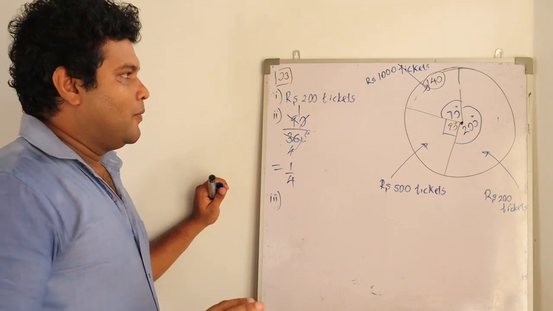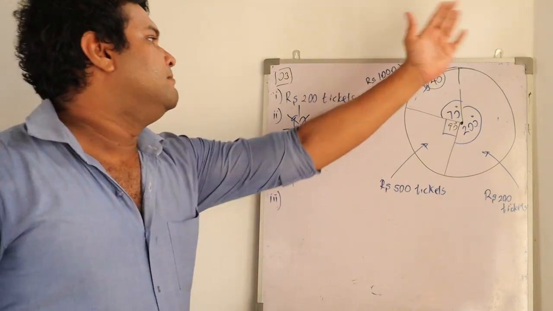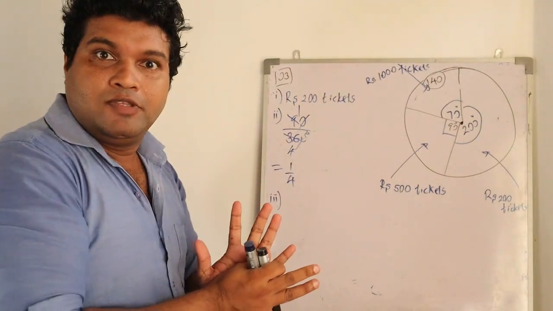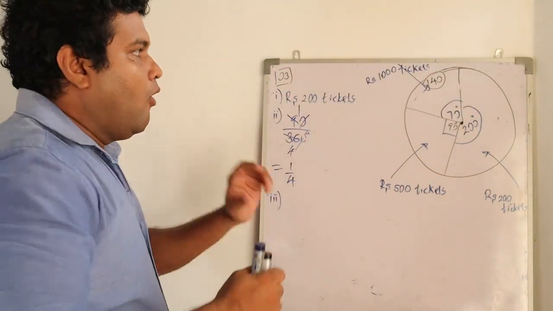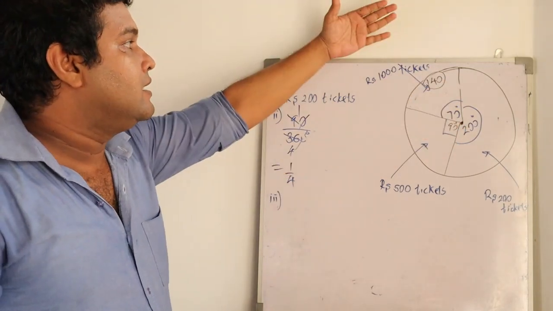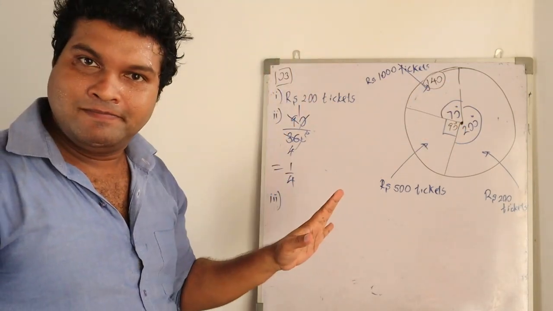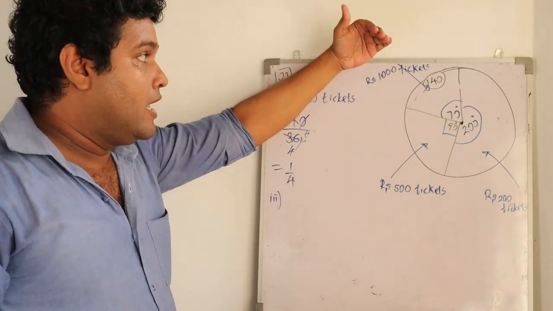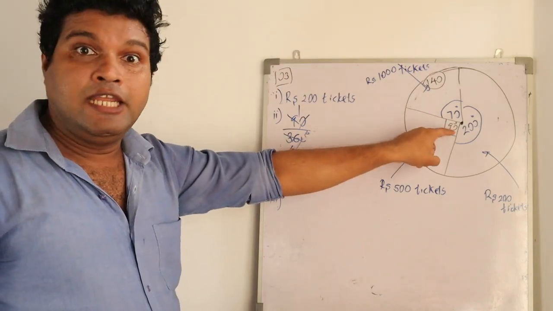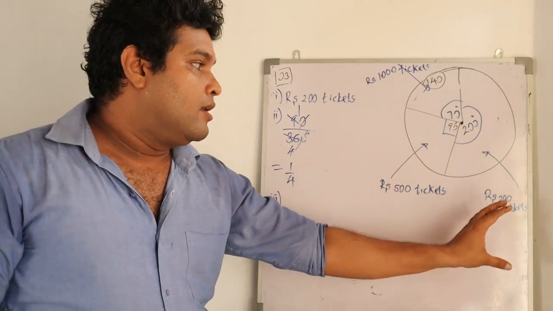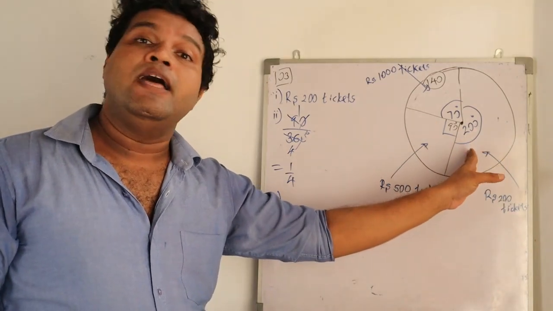Right. Now, nobody knows the total number of tickets in each denomination. Only a few numbers of tickets are known. 140 is the 1000 valued tickets. By giving these 1000 valued tickets as 140 with respect to the relevant linking angle, they expect the number of 200 rupees tickets by having the angle.